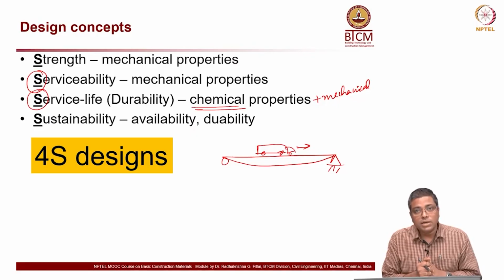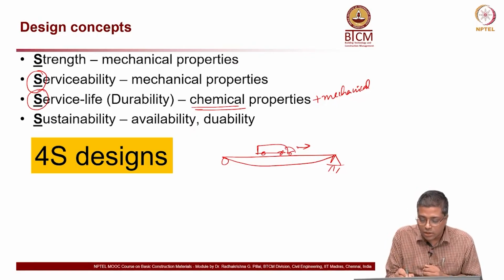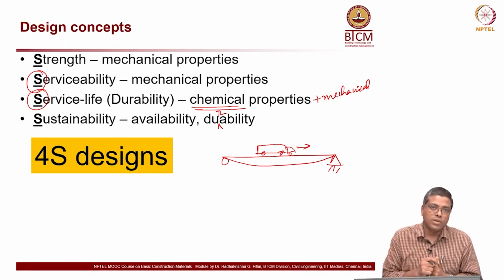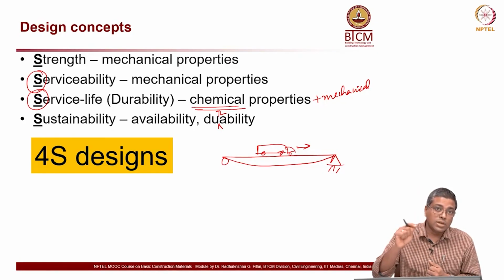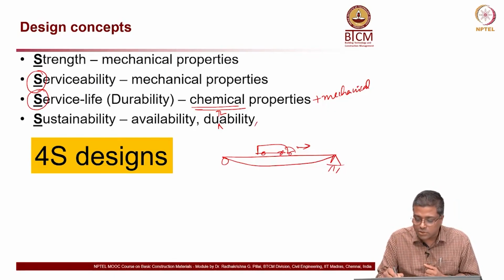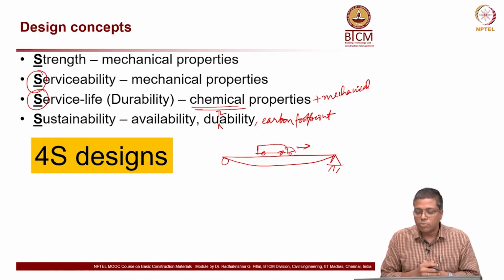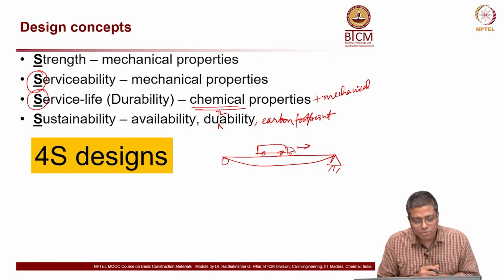Then sustainability is another thing where durability is very important, but also you have to look at availability of the material and what about the carbon footprint. There are many aspects, carbon footprint among them, so many factors we have to consider when we talk about sustainability.